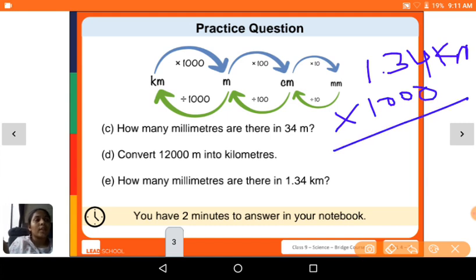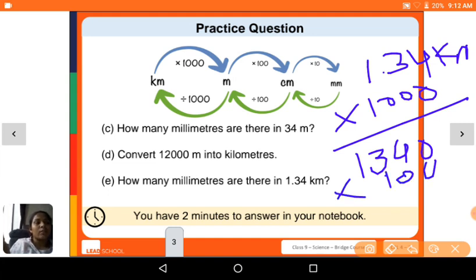So we can get the answer 1340, right? Because there are 2 decimal places, so to remove the point we multiply by 100. So 1340 meter, then into 100, which will give us 134000, right?